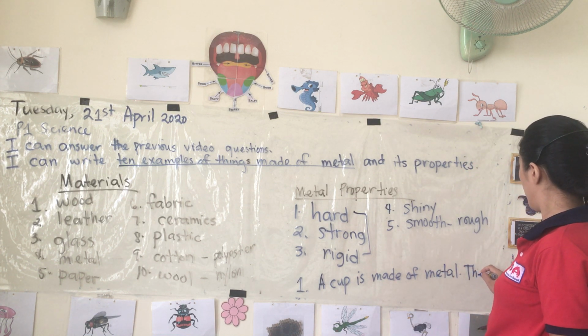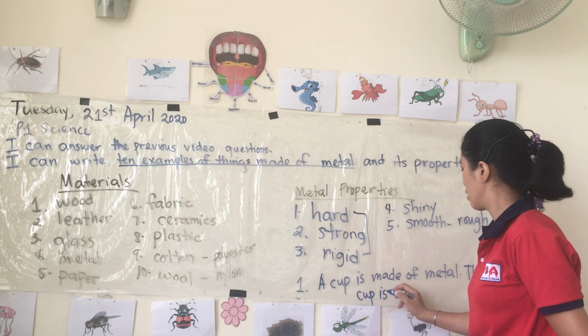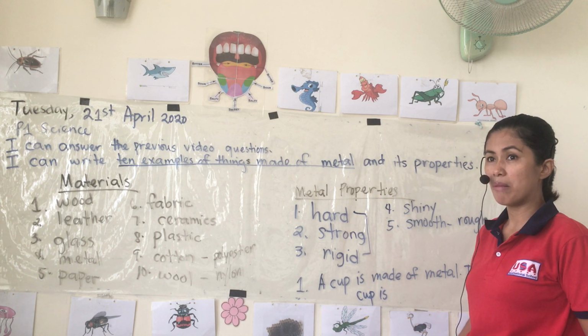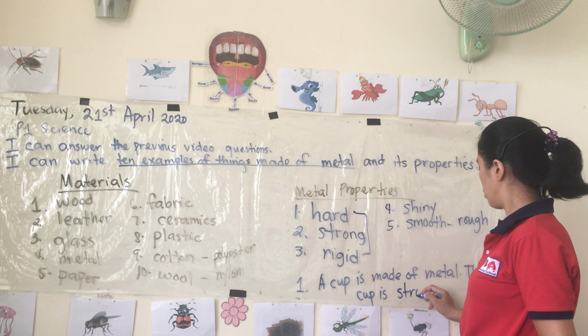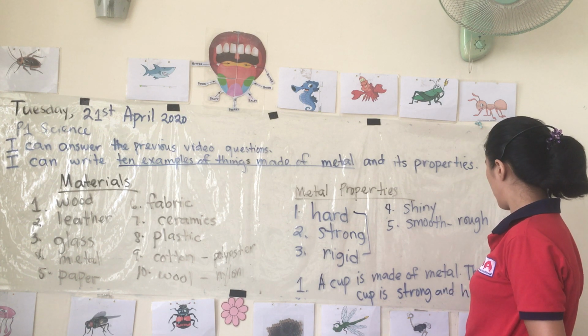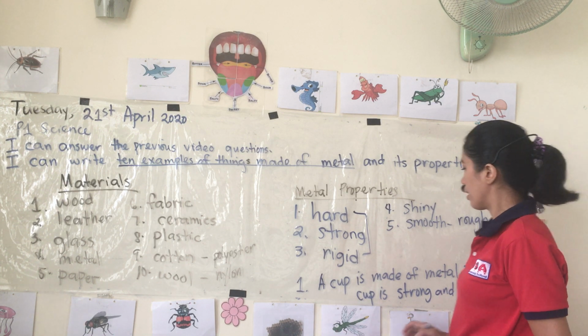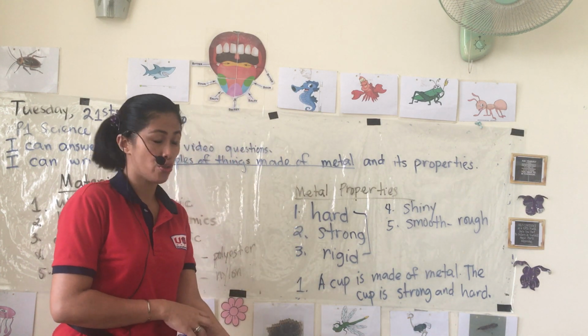What can you describe about a metal cup? The cup is strong and hard. Like that. So for you to practice, but if you don't feel like it, it's okay.